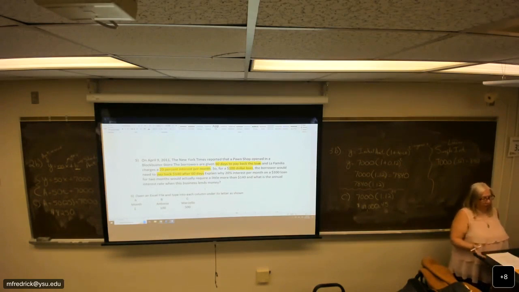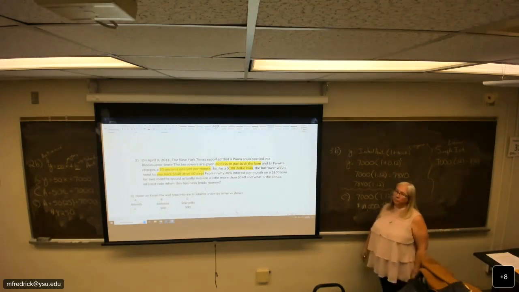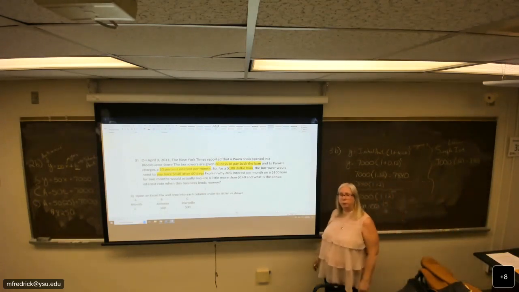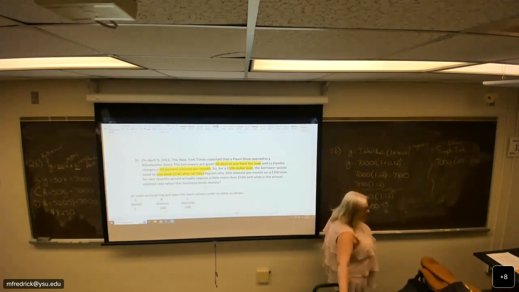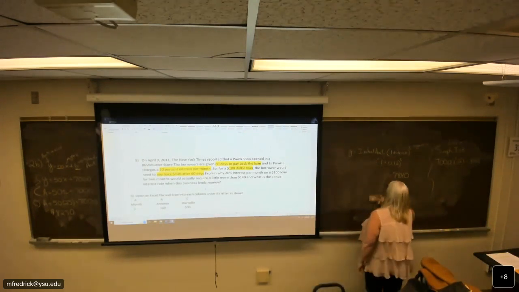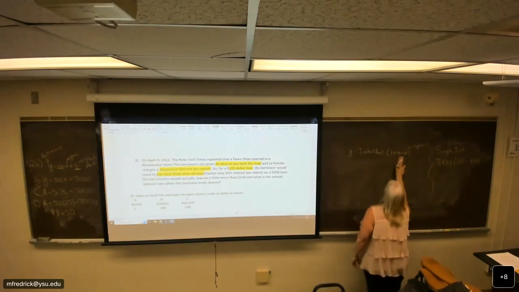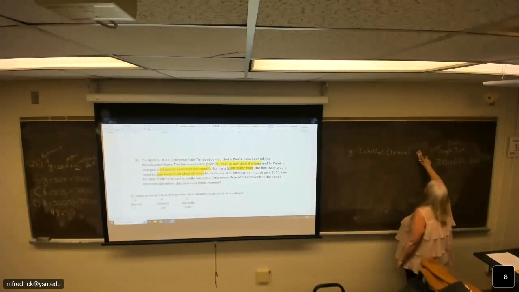Well, first thing we need to find out is how much you would actually pay at 20% per month for 2 months. Is that linear or exponential? Exponential, it's growing by 20%. You're paying interest on the interest. This was monthly, so our time would be months.